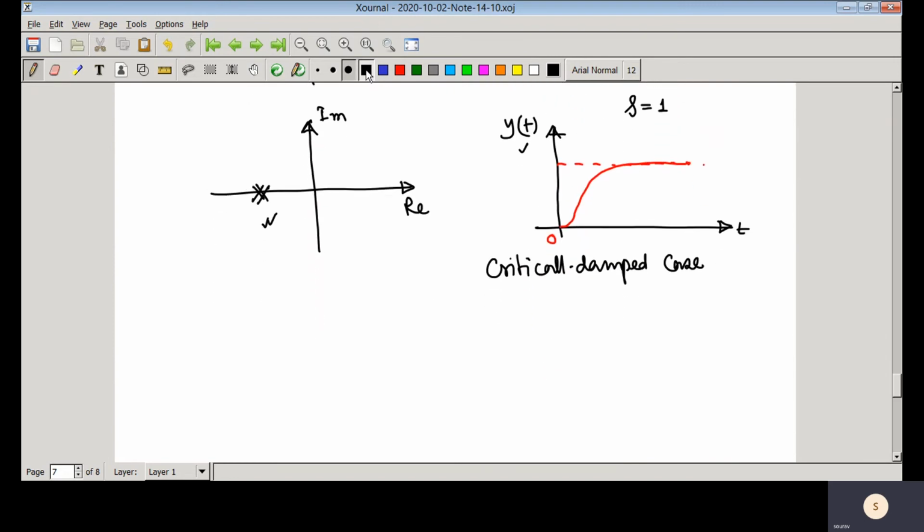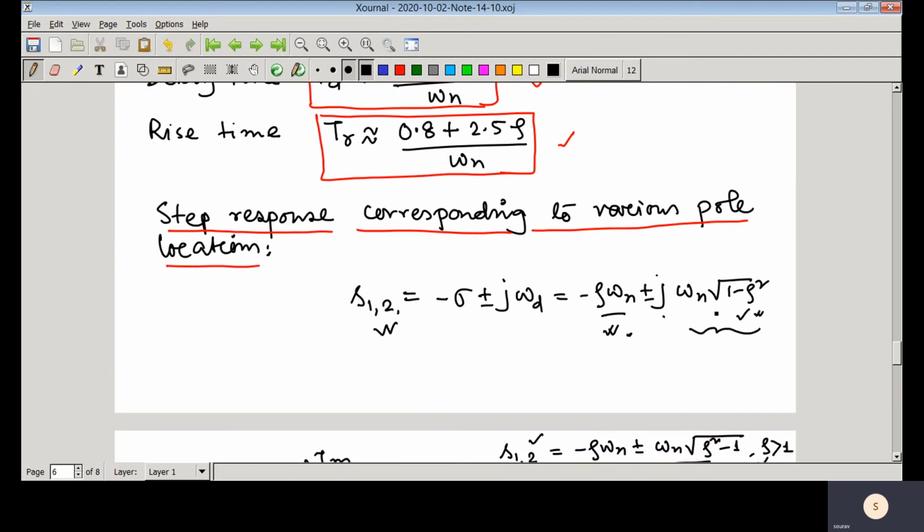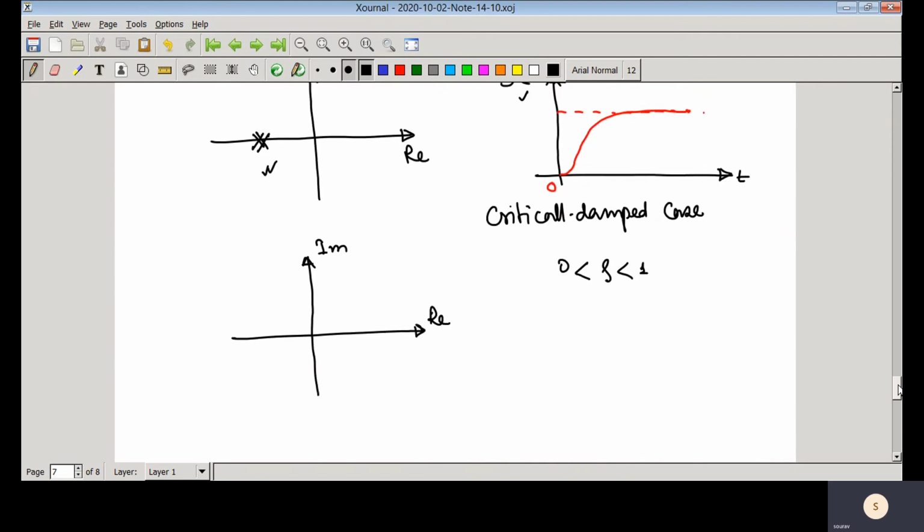Now let us see what happens in case of underdamped situation. Underdamped situation means that zeta is varying from 0 to 1, and you can see here whenever you are varying zeta from 0 to 1, it is positive, so you have complex conjugate poles.